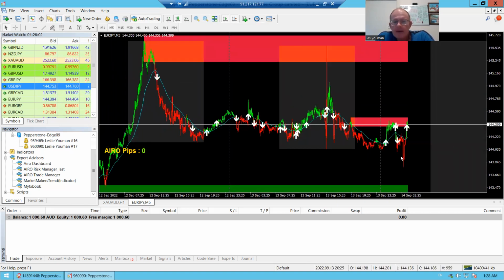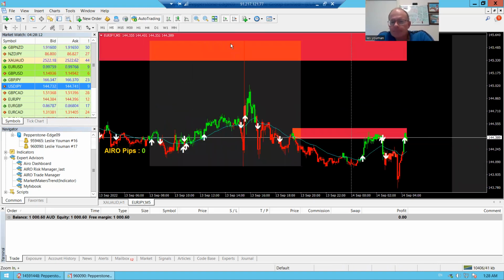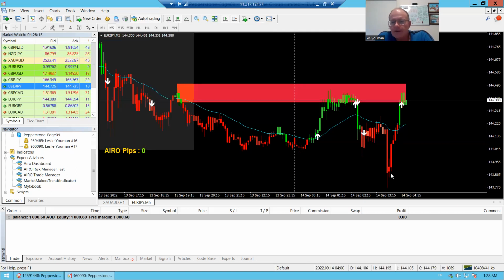Okay, so it really hasn't bounced off support and hasn't reached support. So already it's a no trade. But what else we would be looking at is, obviously it hasn't bounced, but we've got the arrow, but the arrow is already pretty much on resistance, meaning that the market could very well turn around and go down now, simply because it has before.